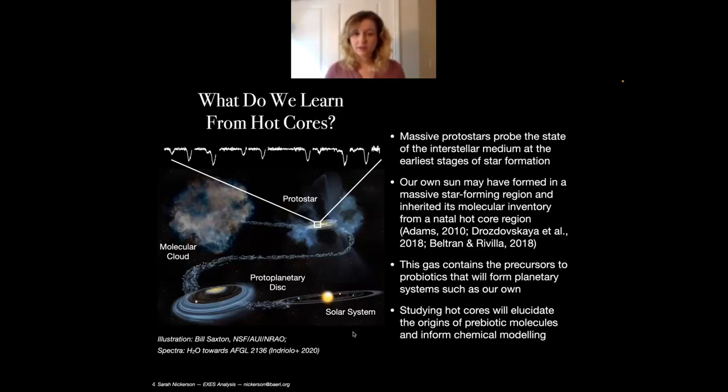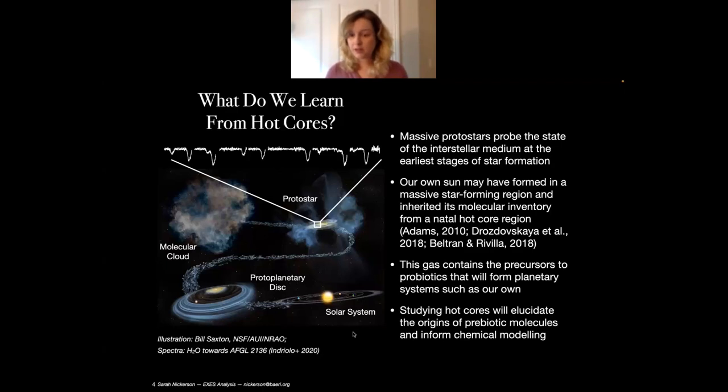And in these types of regions that have massive protostars, our own sun may have formed in such a region, even though our sun itself is not massive, but other stars around it may have been massive. And there are studies showing that perhaps the chemistry of our own solar system was inherited from a hot core region.